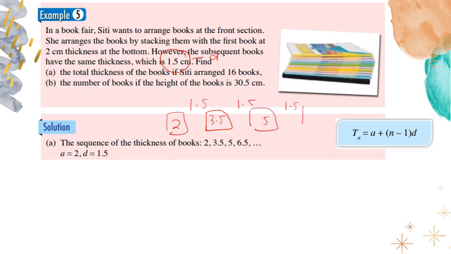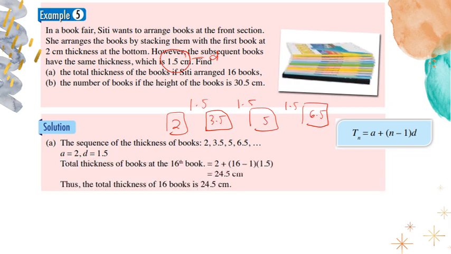Add 1.5, you will get 6.5. Okay, this is the first term, second term, third term, fourth term. Since we already know A is equal to 2 and D is equal to 1.5. Okay, first term is 2, common difference is 1.5.